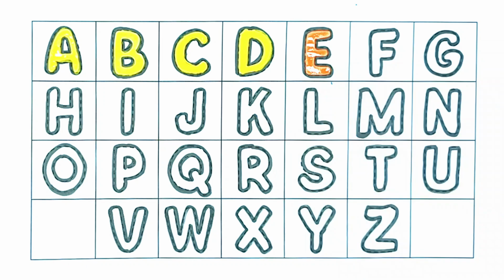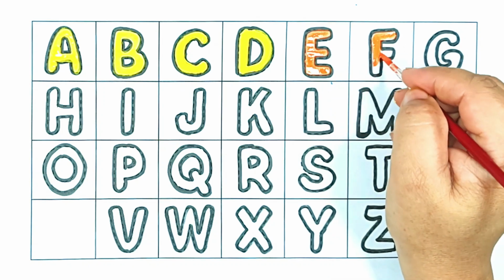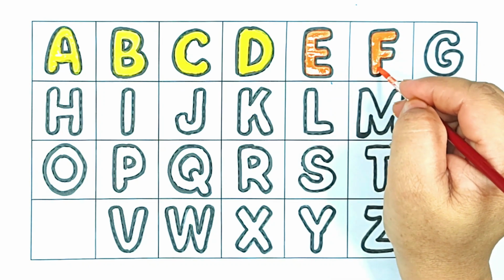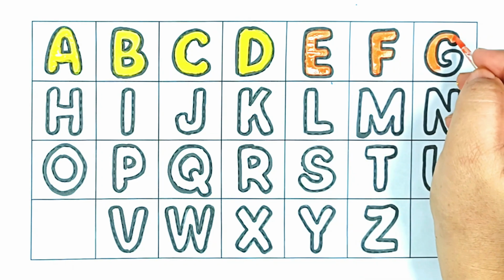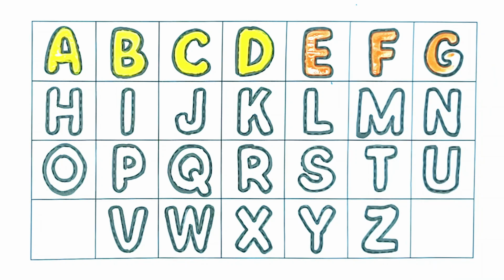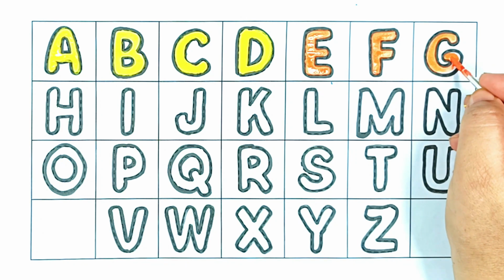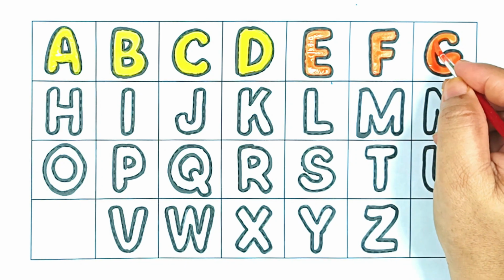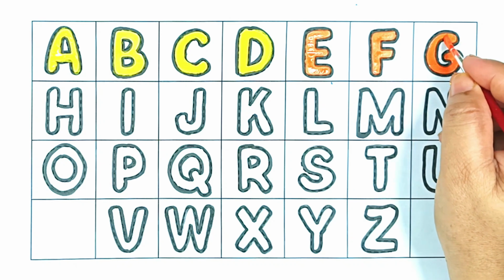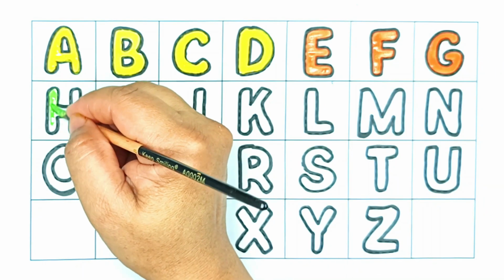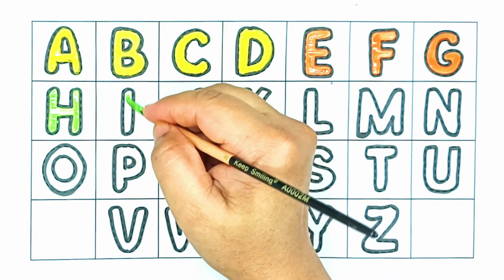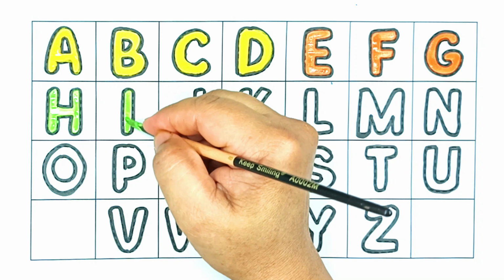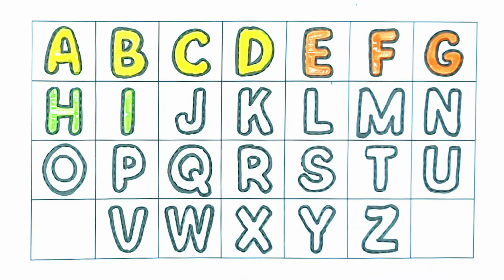E for egg. F for frog. F for frog. G for glass. G for glass. H for hat. H for hat. I for igloo. I for igloo.